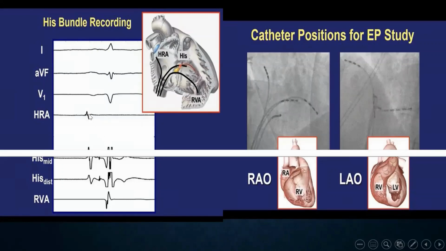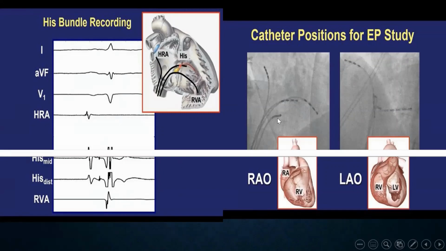So this is the A, then H, which reflects the His, then V, which is the ventricle. So A, H, V reflects the QRS on surface ECG. Again, this is the A, then the His, then V. This is the normal conduction in sinus rhythm. And the RV reflects just RV activity.